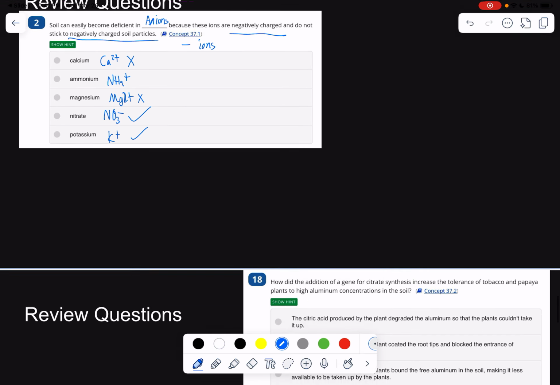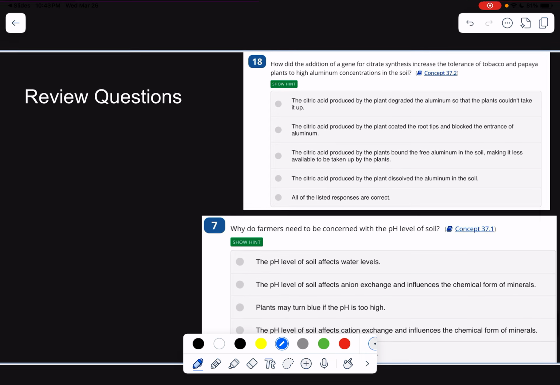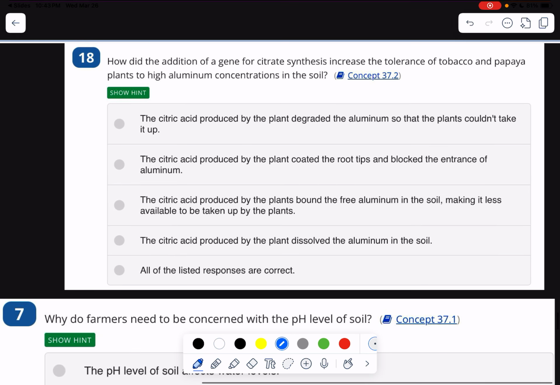Now, let's move on to the final 2 questions. And I put these together because they're both on soil pH. So let's see. How did the addition of a gene for citrate synthesis increase the tolerance of tobacco and papaya plants to high aluminum concentrations in the soil?